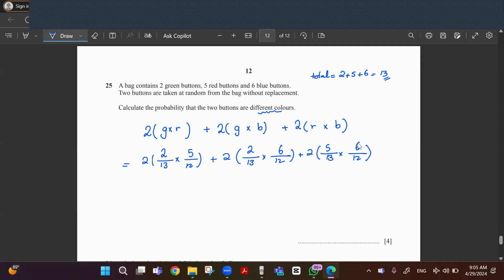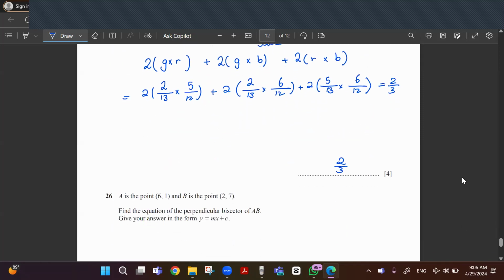The answer will be 2/3. Do I have any other ways to do this? Yes, I have. If I want the two buttons to be different, I can do 1 minus the two buttons being the same. But I prefer what we used to do for this type of questions.